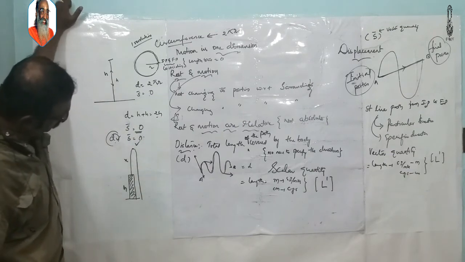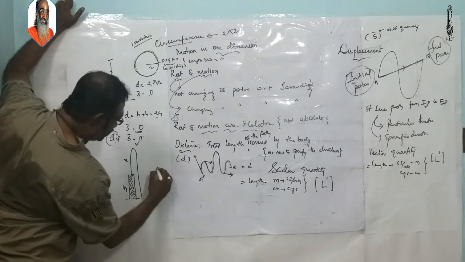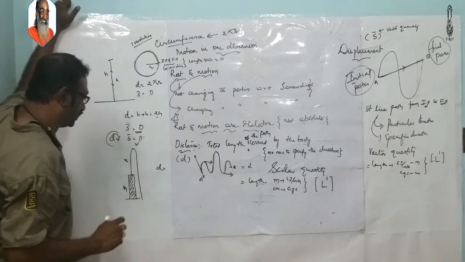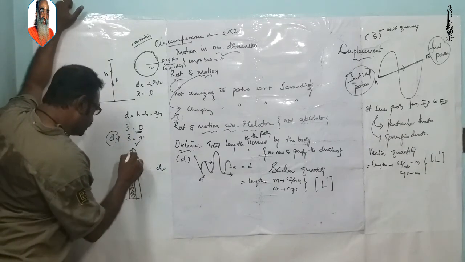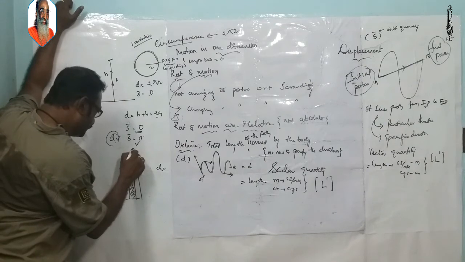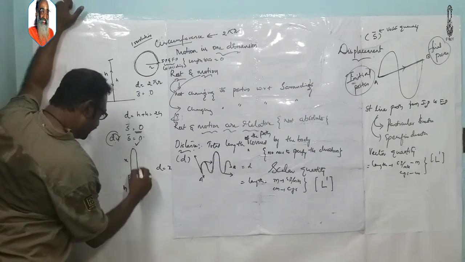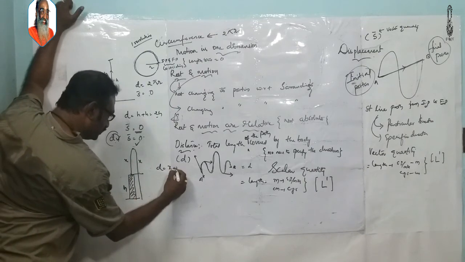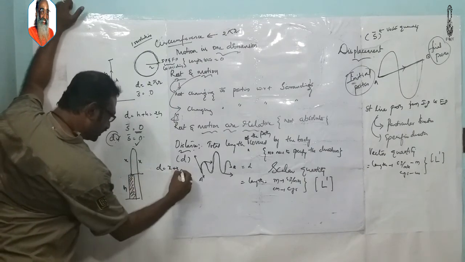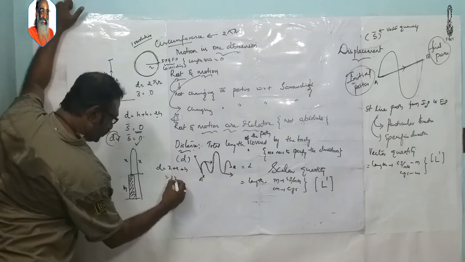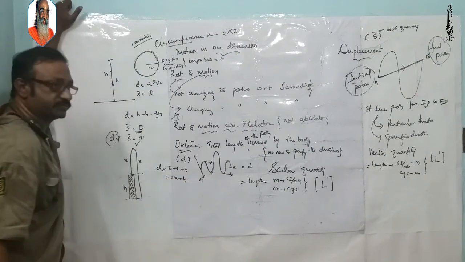Now, what is the distance covered by the body? From here to here it is x, from here to here it is another x, and from here to here it is h. So it is 2x plus h, the distance.